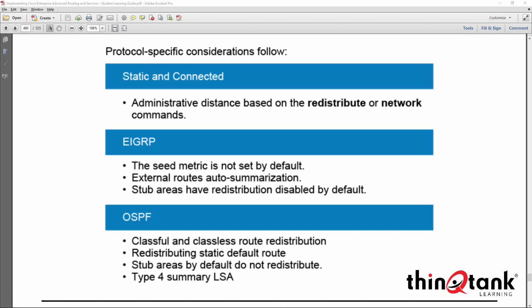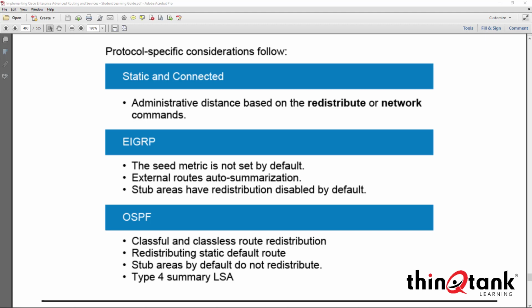There are some other rules that apply. The subnets keyword has to be entered when we're trying to redistribute classless networks into OSPF. It doesn't hurt to have the subnets keyword even if it's not necessary.